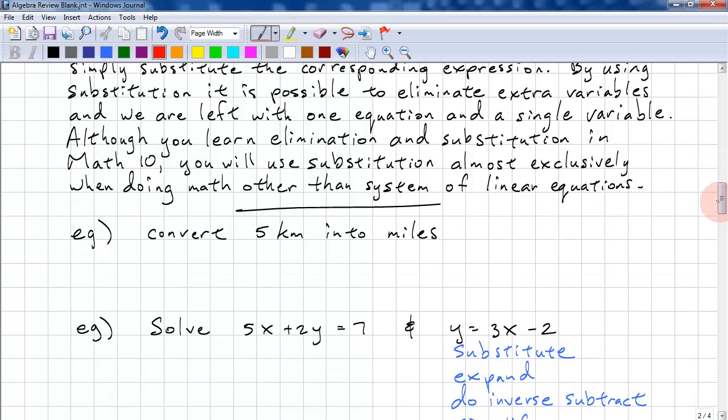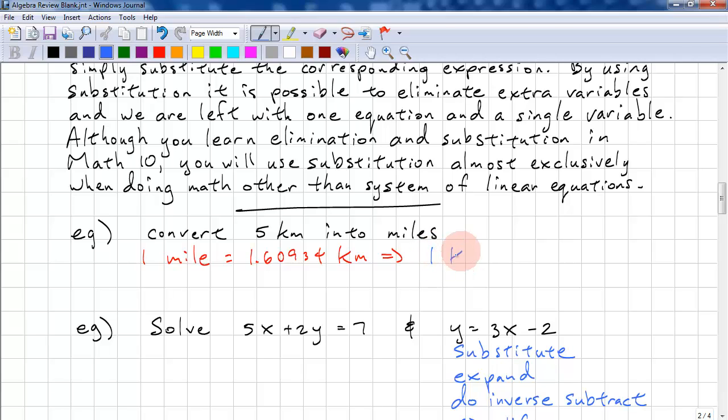Okay, you've been taught one way to convert kilometers into miles. Here's another way. 1 mile equals 1.60934 kilometers. We need to figure out what 1 kilometer equals.